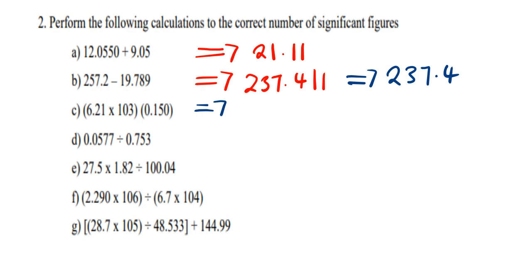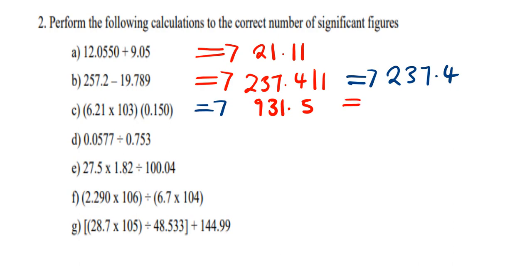You close the bracket, multiplied by 0.150. Okay, this is giving me 931.5. If it is giving me that, how many significant figures am I going to consider?